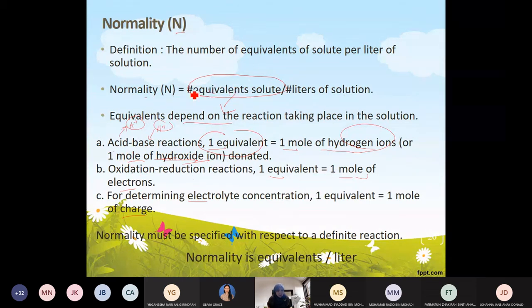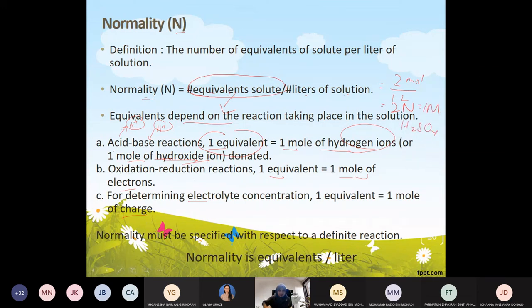Formula dia ini: normality is number of equivalent of solute per liter of solution. So therefore, tadi dia ada 2 kan? 2 equivalent, 2 mole of hydrogen ion tadi in 1 liter. So that's why awak dapat 2 normality. So 2 normality ini sama dengan 1 molarity for sulfuric acid.